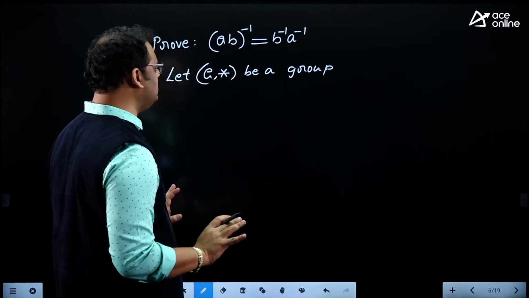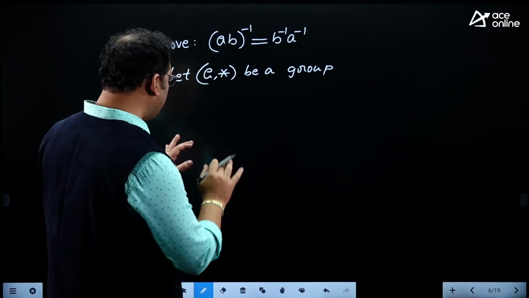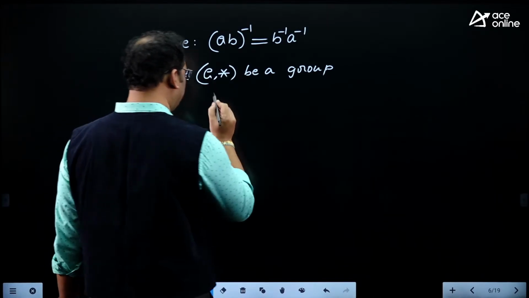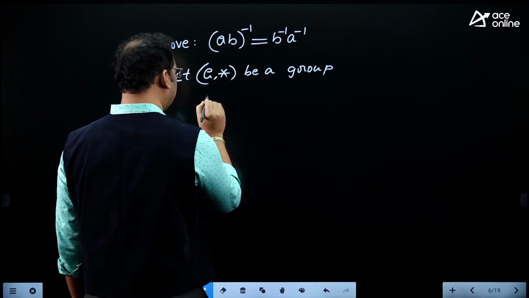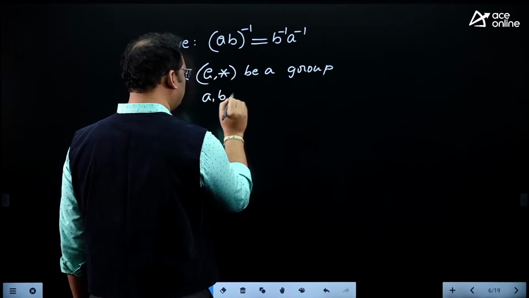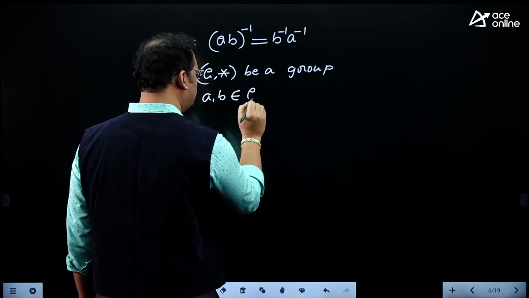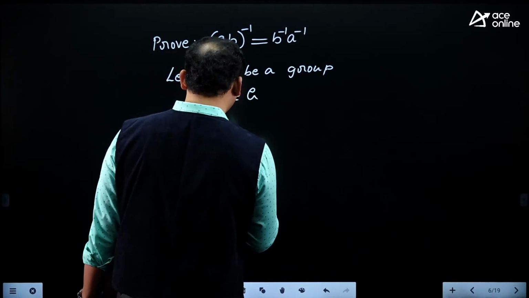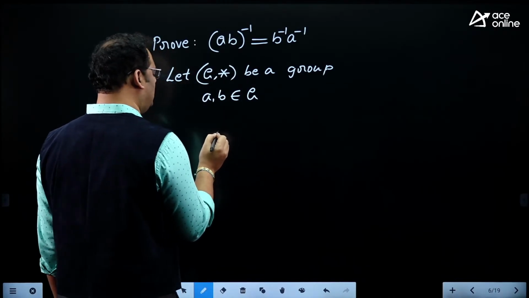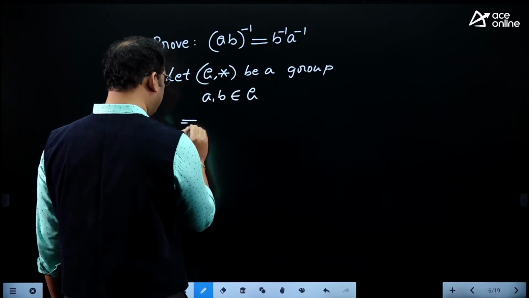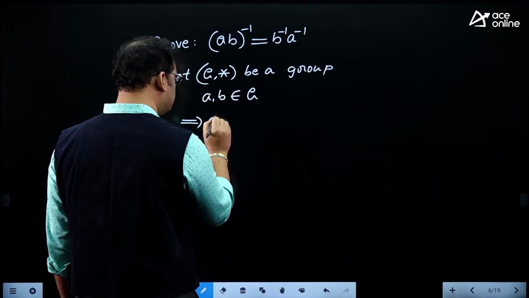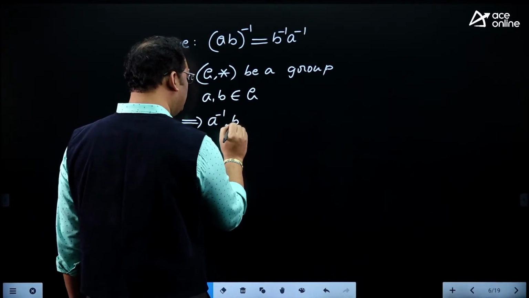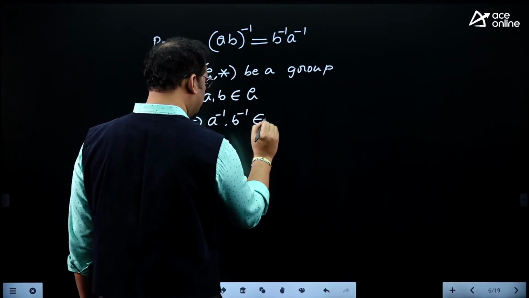I covered all things here. G star be a group, and we have two elements in the group, given in the question as A comma B belongs to G. And we know that if A comma B belongs to G, then definitely A inverse and B inverse also belong to G.